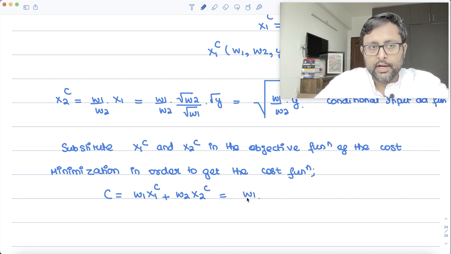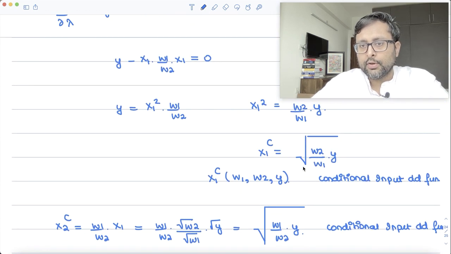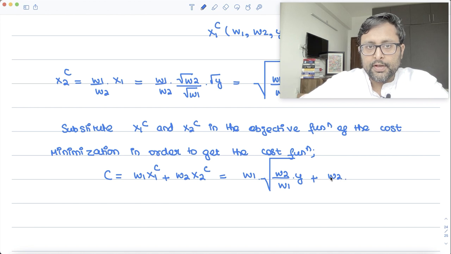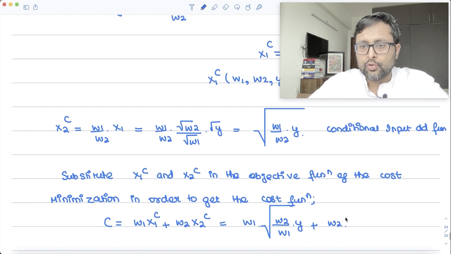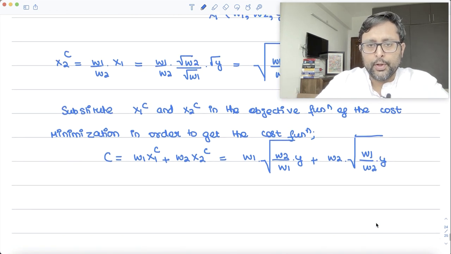So I'll be substituting. W1 in place of x1c, what can I write? Root of W2 by W1 y. Plus W2, in place of x2c, what can I write? Root of W1 by W2 y.